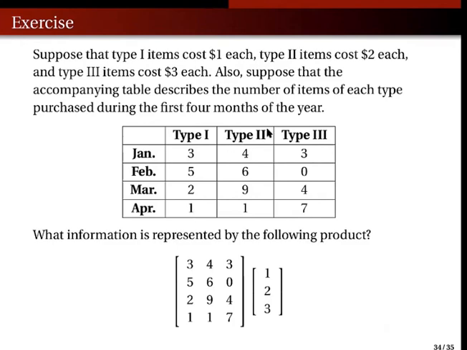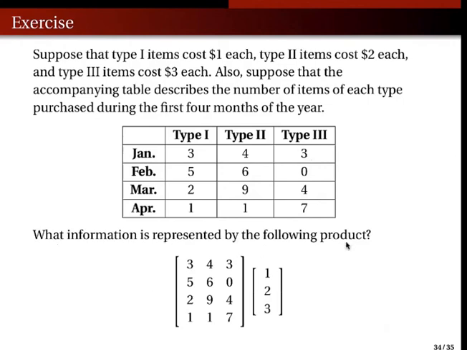And then you have your type 2. You have 4 units in January, 6 units in February, 9 in March, 1 in April. And then in type 3, you have 3 in January, 0 in February, 4 in March, 7 in April. Okay?